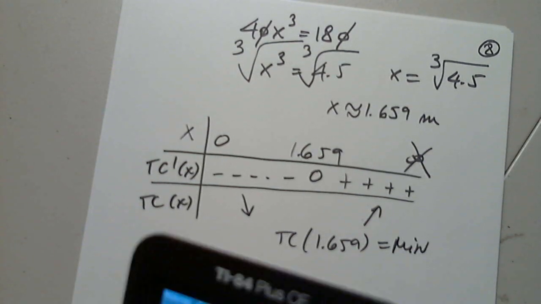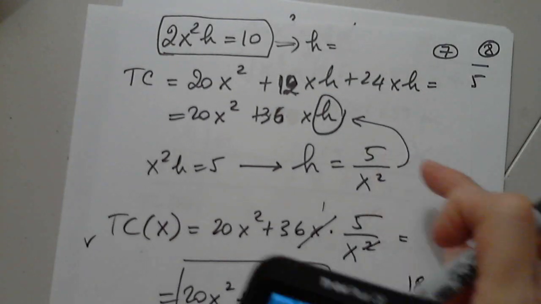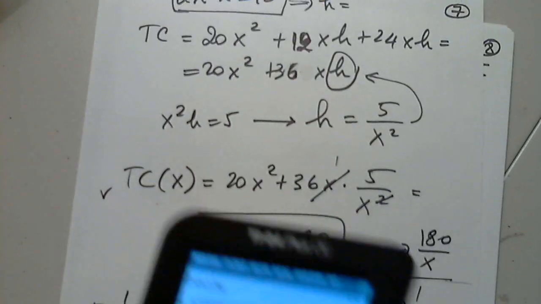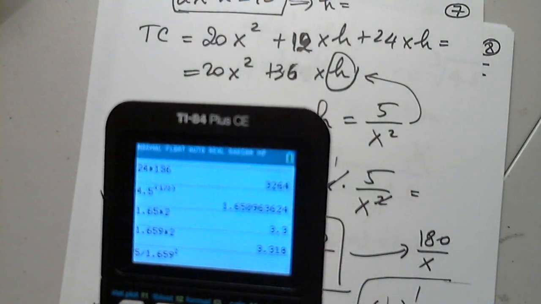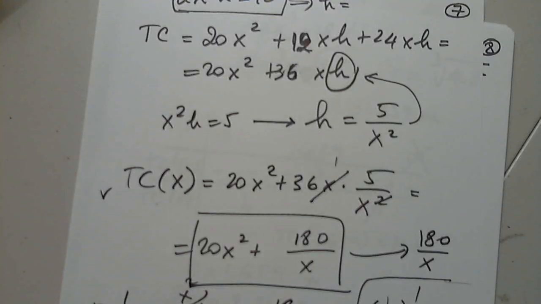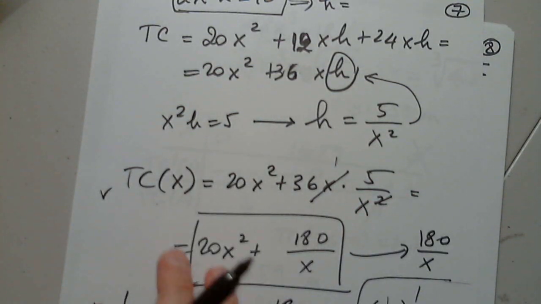And the height is 5 divided by 1.659 squared, which is 1.817. 1.817, correct.